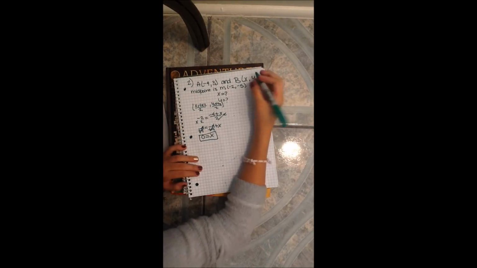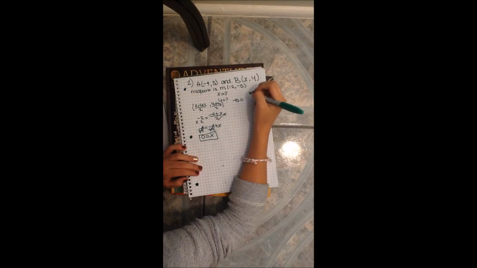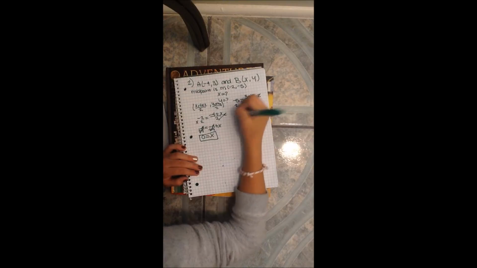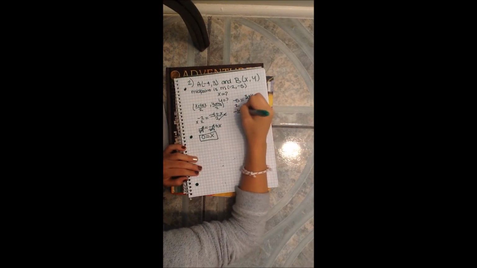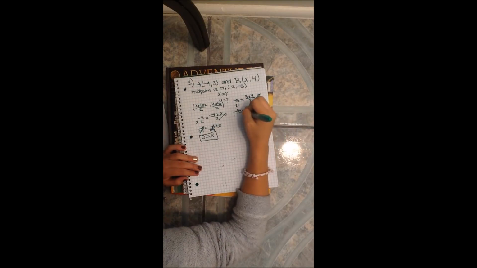Now you have to find y, so negative 5 equals 3 plus y over 2. Get rid of your 2, so multiply both sides times 2. Negative 10 equals 3 plus y, and subtract 3.